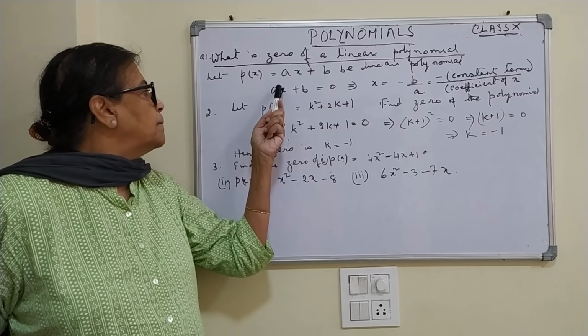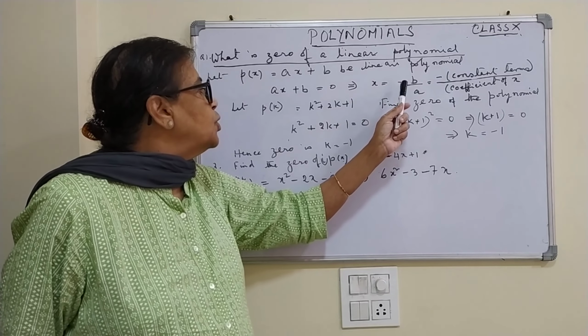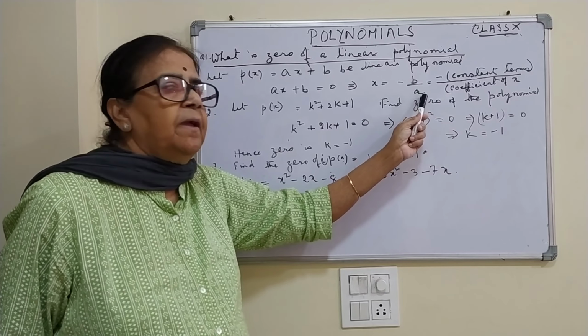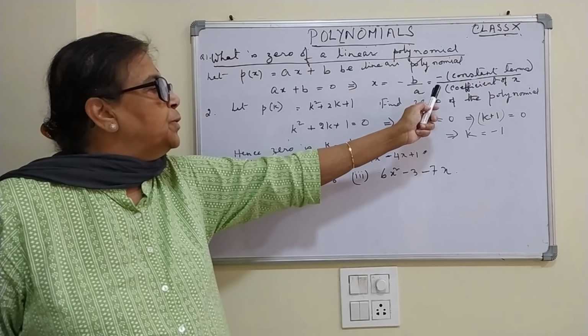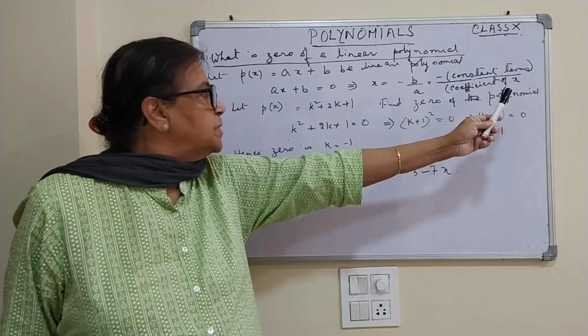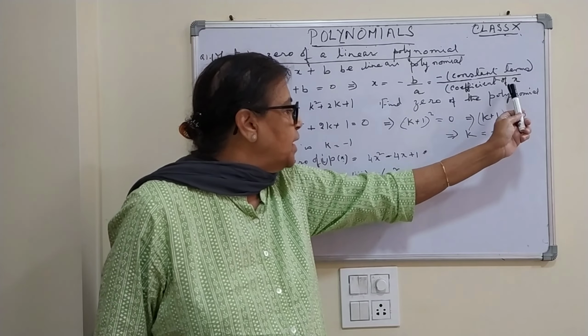So x is equal to minus b by a, that is, minus constant term divided by coefficient of x.